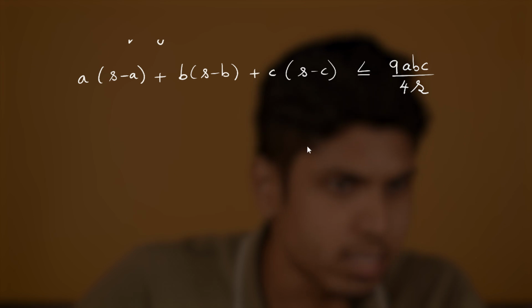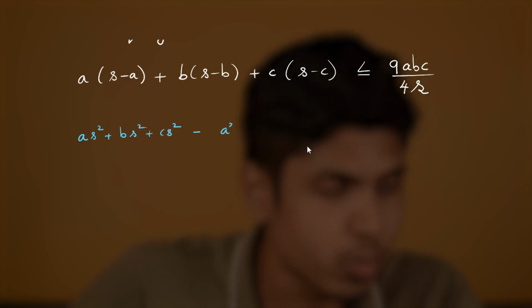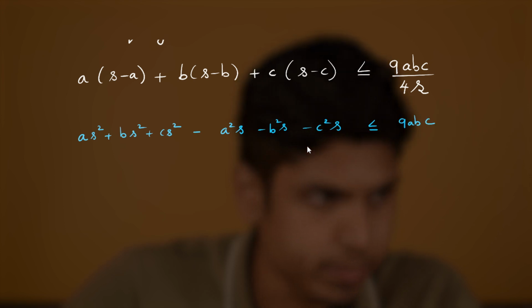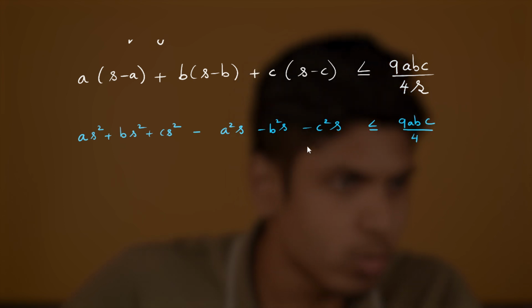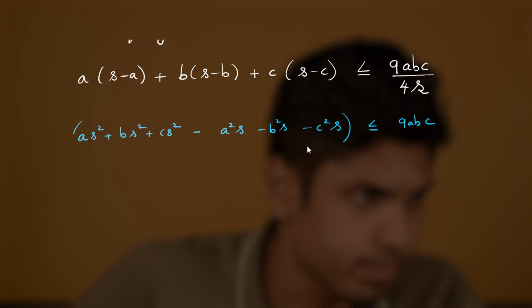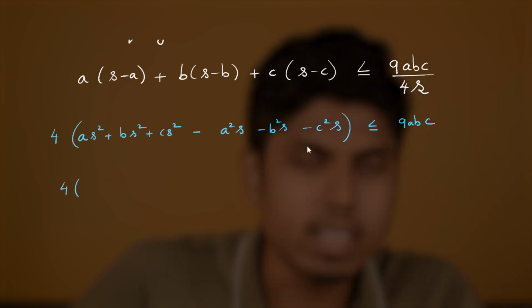Let's just expand it. It might seem brute force, but we will be able to easily arrive at the result. We can just take the s to the LHS and we get as square plus bs square plus cs square minus a squared s minus b squared s minus c squared s is less than or equal to 9abc by 4. We can also take the 4 to the LHS and we get 4 times s squared.